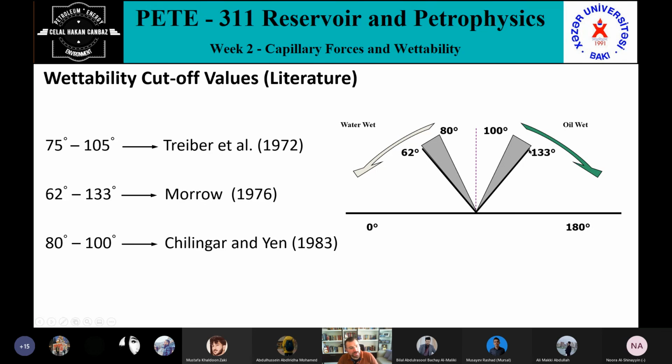Okay, so Treiber et al. described neutral wet between 75 and 105. Schillinger and Yen described 80 to 100, this intermediate zone. All right.